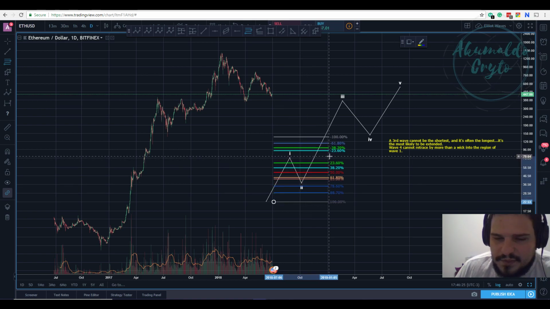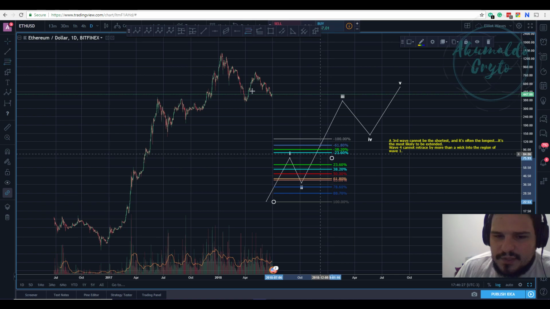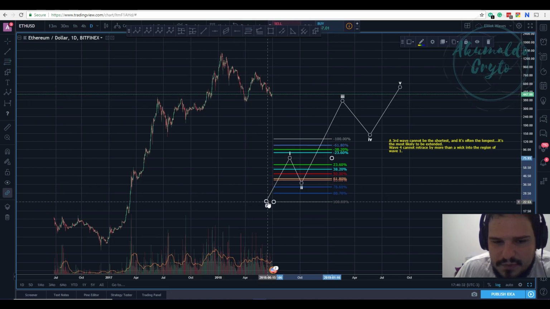Next video. I'm gonna just use our fib retracement. Here I start at the beginning of wave 1 and I pull all the way to the top of wave 1, and then we have the retracement.